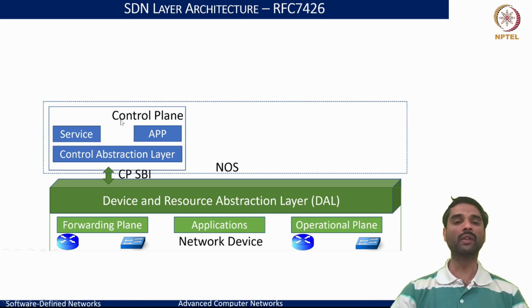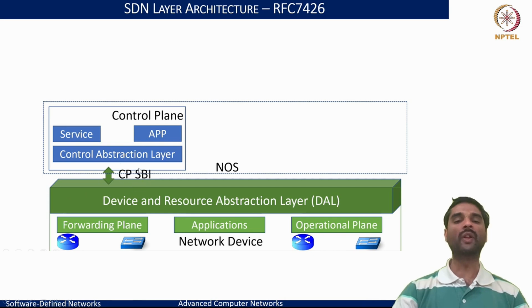And this control plane consists of the service layer in terms of what key services that this control plane is going to provide, and the control plane applications themselves, and both can leverage what we call the control abstraction layer, in a way that you are trying to build the module that is able to make the communications for the respective southbound interface.